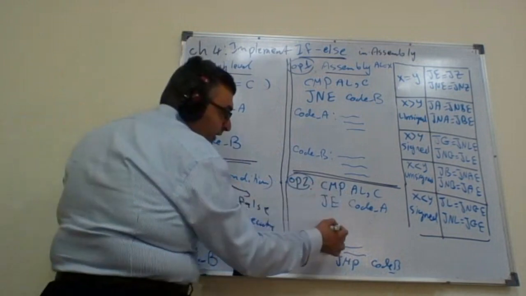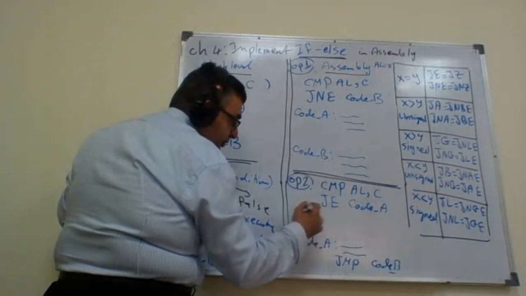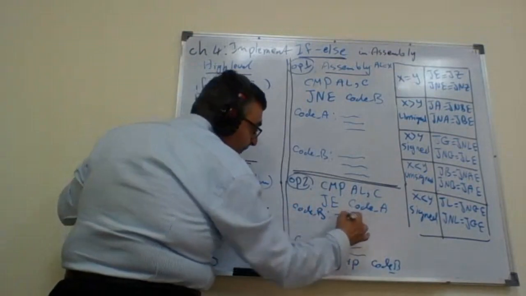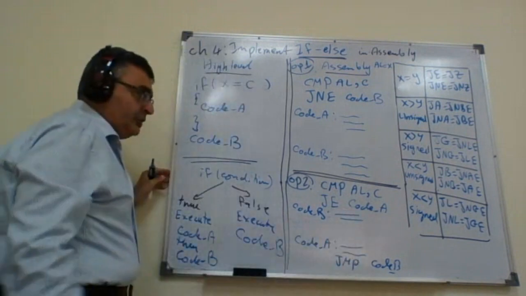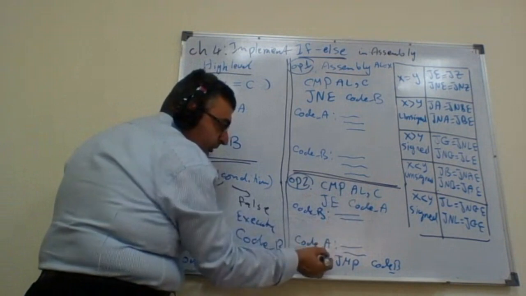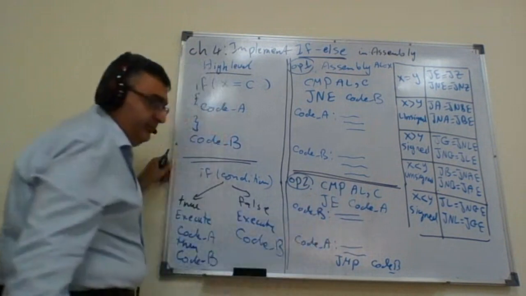So right after the jump, I will have code for B. If they are not equal, I will not jump for A, I will execute B.